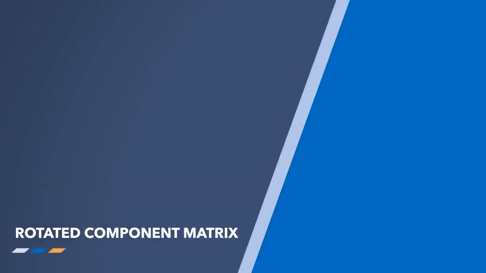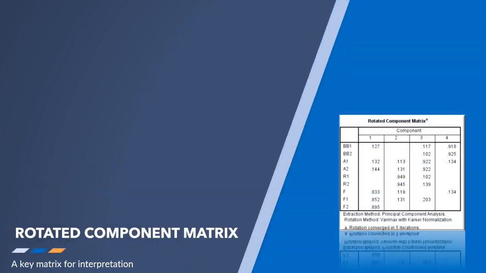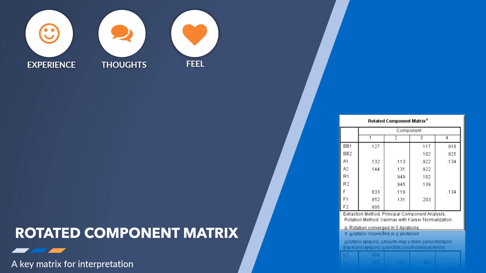The rotated component matrix is the most important table in our factor analysis results. This matrix classifies the observations or the statements in your dataset into different components. For our initial example of 3000 survey participants, we identified 4 key components, which were experience, thoughts, feel, and sense.